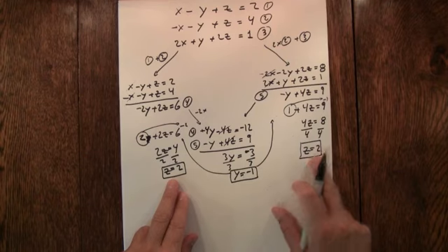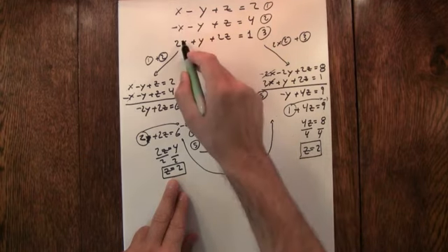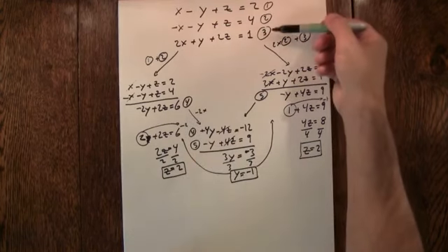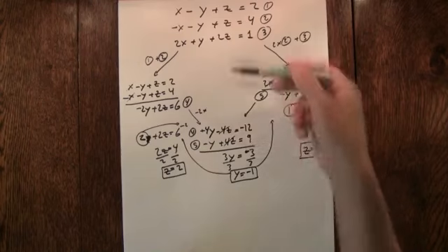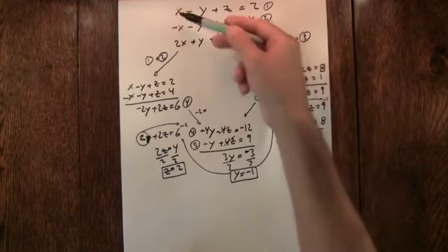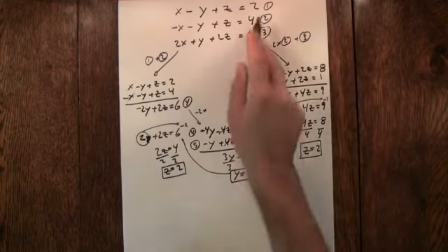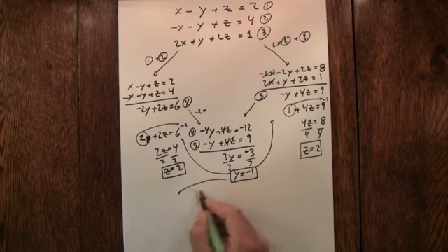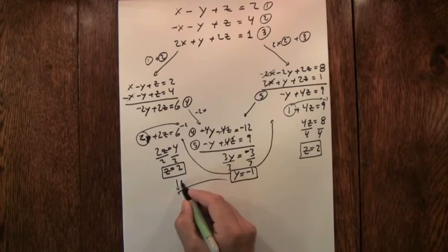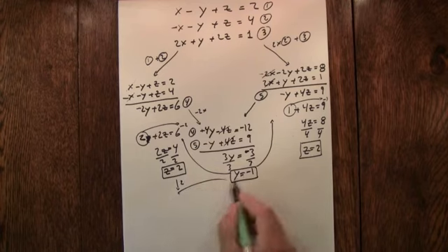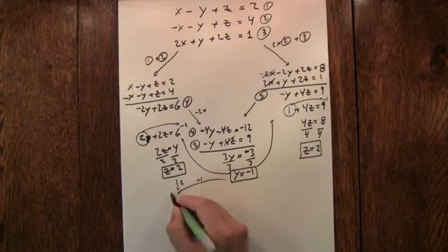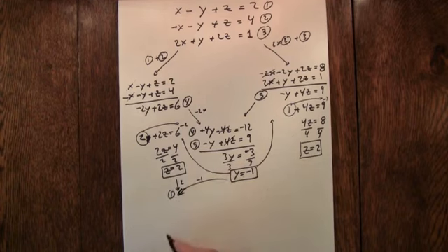Now all I have to do is figure out what x is. So I'm going to pick one of these equations and plug in the values for y and z and find out what x is. Let's do it for number 1. Let's plug z is equal to 2 and y is equal to negative 1 in equation 1.